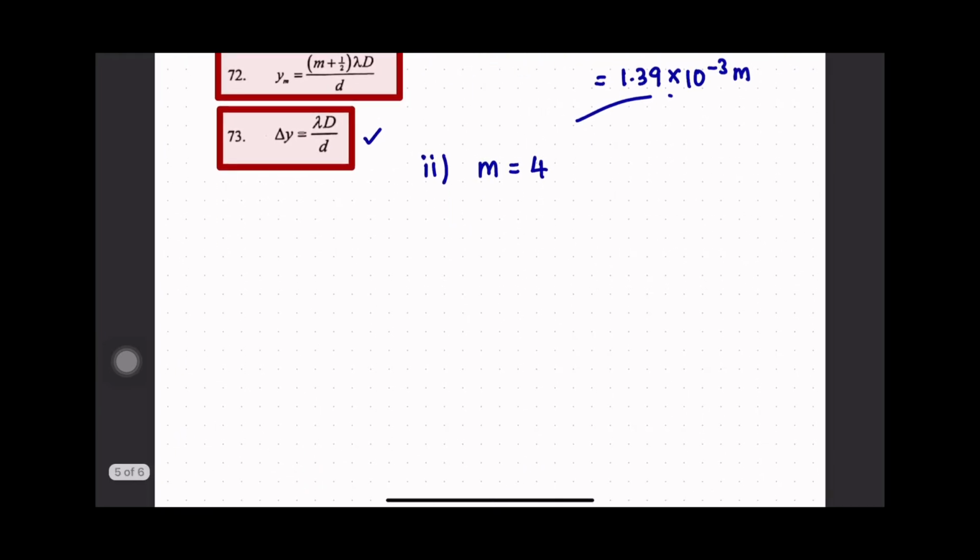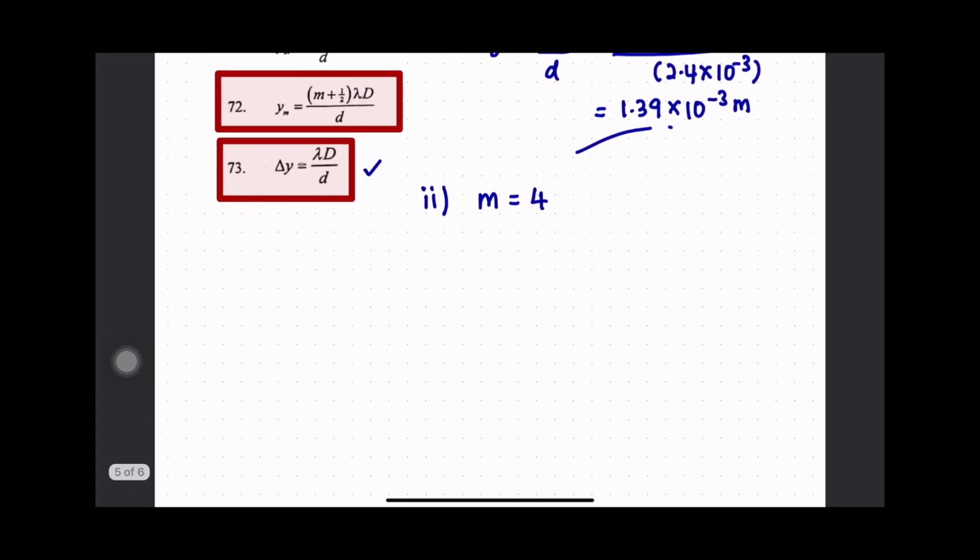Okay, so kita ambil formula y for dark is equal to 4 plus half. Kita tulis formula: y_m is equal to m plus half lambda D over d.